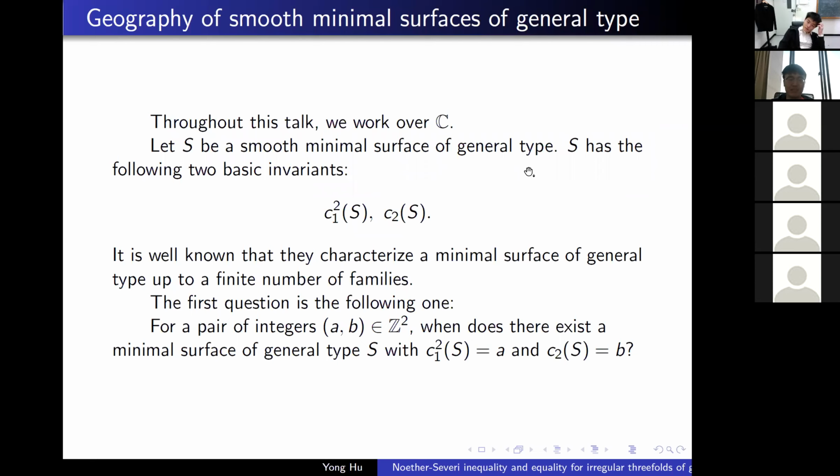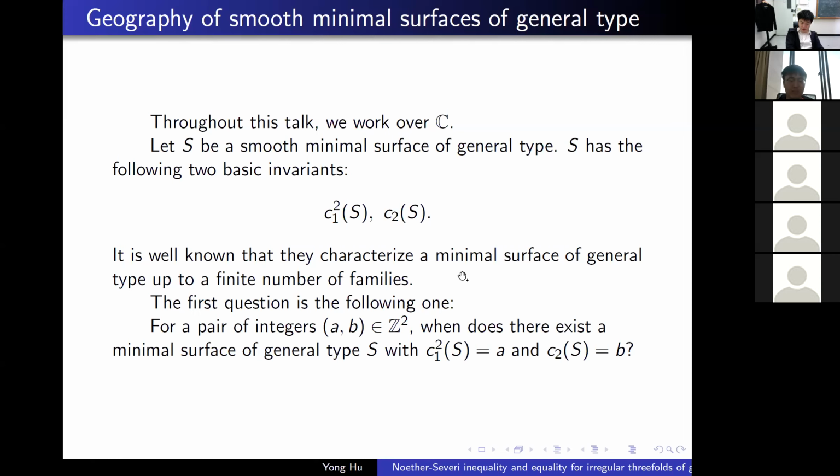Because S is a compact complex manifold, S has the following two basic invariants, c1 square and c2(S). It is well known that they characterize a minimal surface of general type up to a finite number of families. Here, minimal means that S does not contain any -1 curves, and general type means that the canonical divisor is a big divisor.